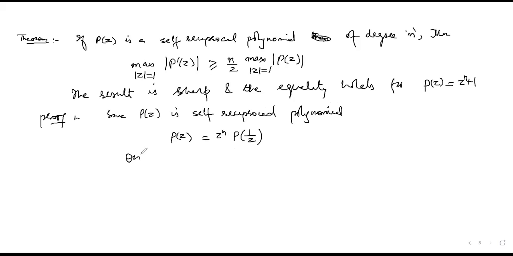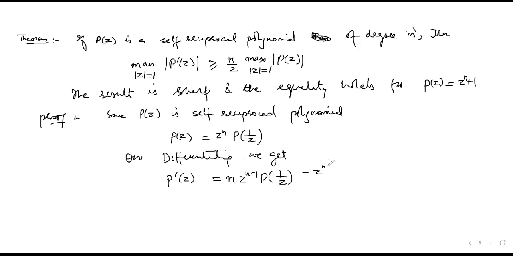On differentiating, what do we get? Of course, on the left hand side p dash z is equal to n times z raised power n minus 1 p of 1 by z, and then you will differentiate, it will be just minus z raised power n minus 2 into p dash of 1 by z.